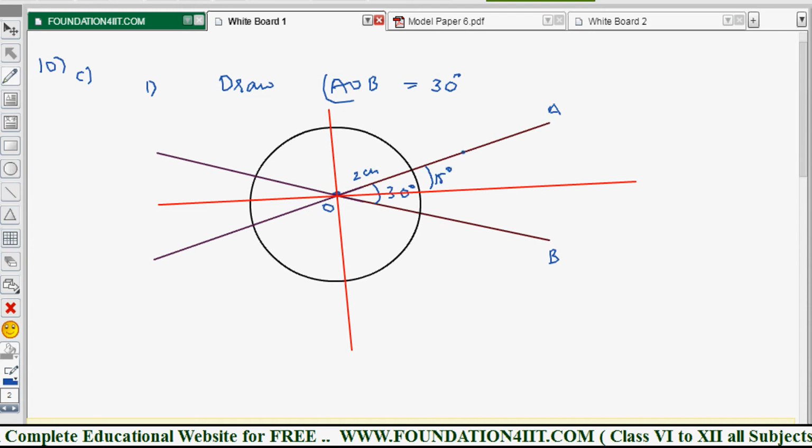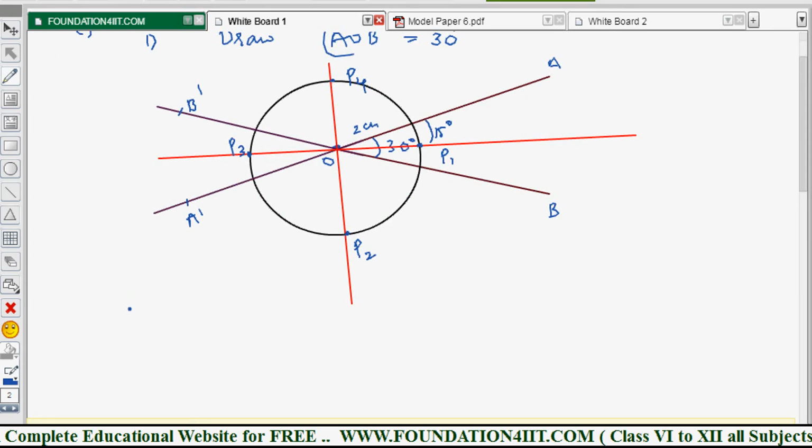This side we can take A dash and B, and this is B dash. So we have one point here, let it be P1, and one point P2, then P3 and P4. These 4 points are equidistant from the lines, 2 centimeters away.